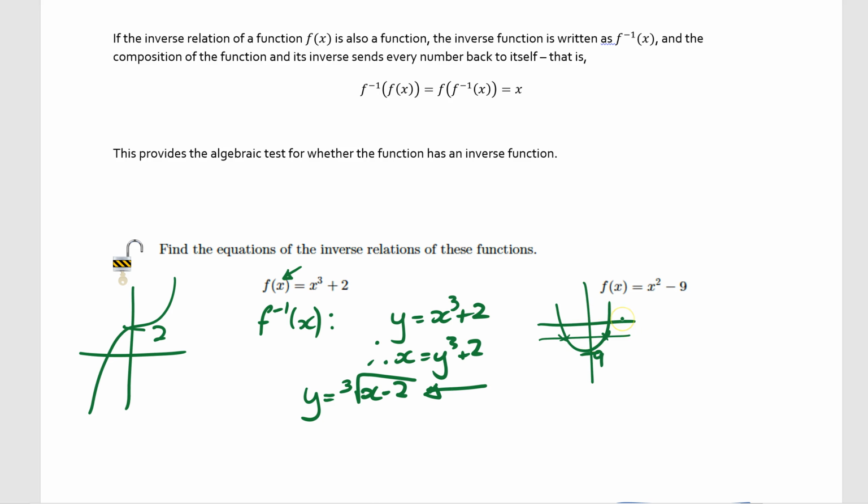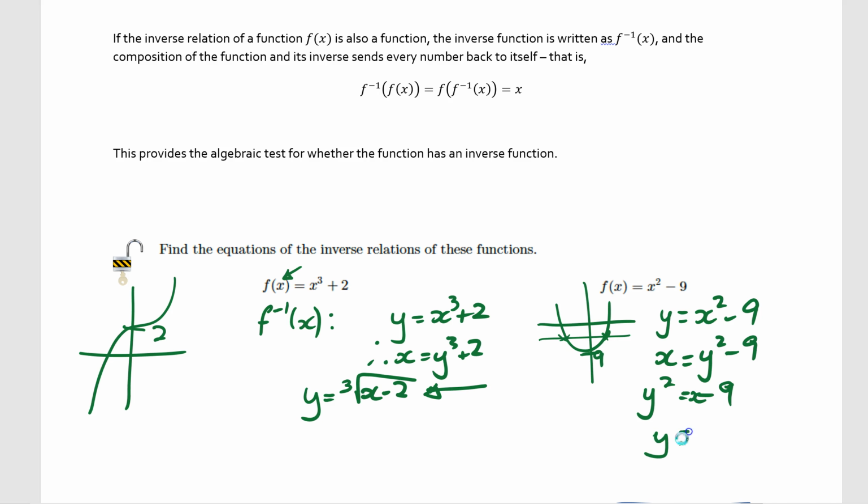And in fact we know that's the case, because if we have y equals x squared minus 9 and we swap the variables to get that, so that we get y squared equals x minus 9, we know that y squared equals x minus 9 is a parabola lying on its side, so it will fail the vertical line test.